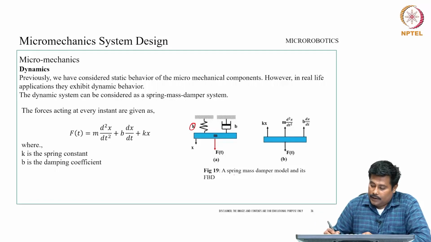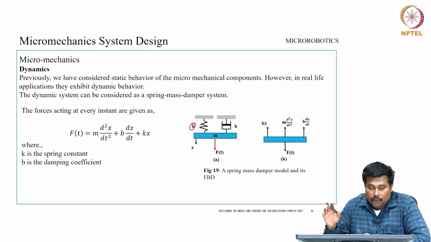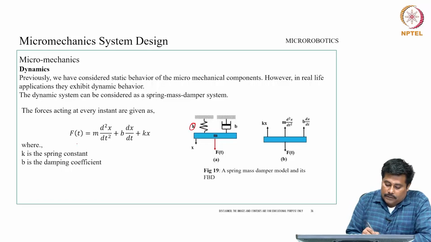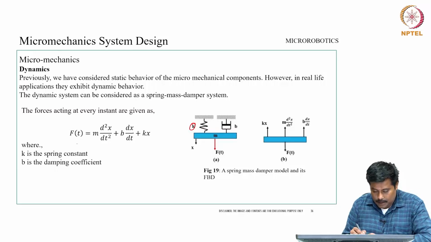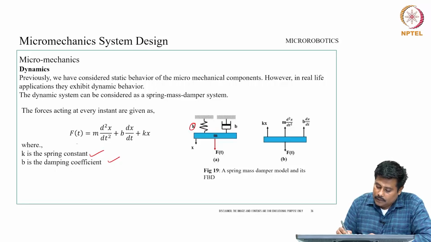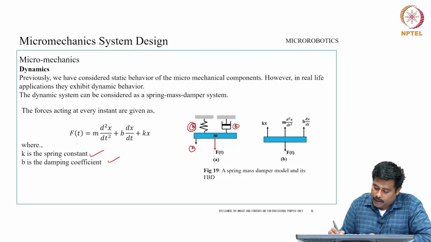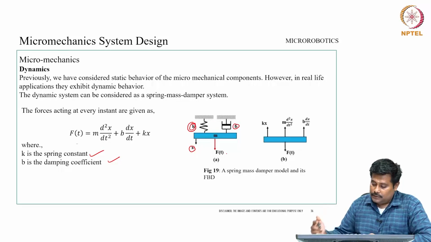When we study the force acting on it, the force F of t is represented as m d squared x by dt squared plus b dx by dt plus kx. k is the spring constant and b is the damping coefficient, x is along the plane, and F of t is the force which is exerted.